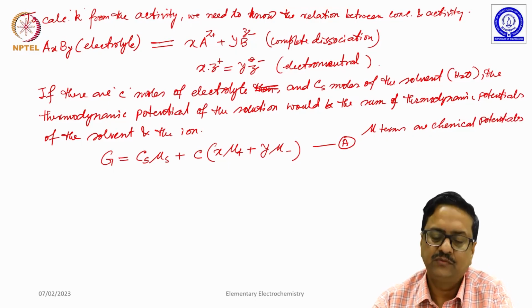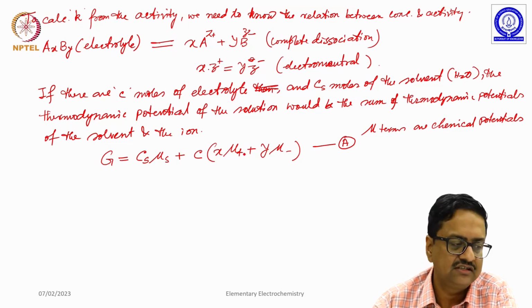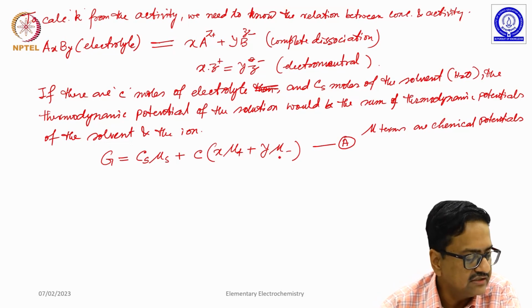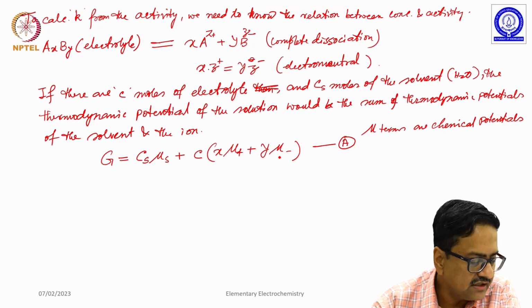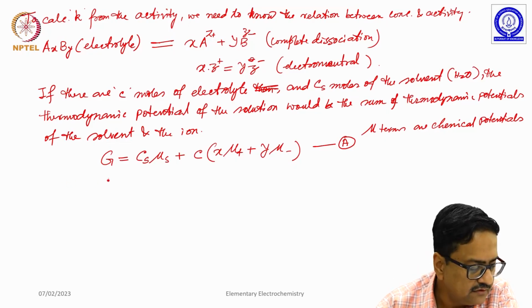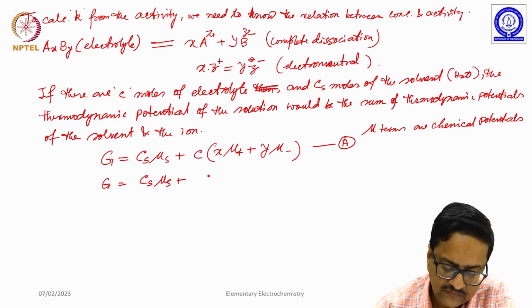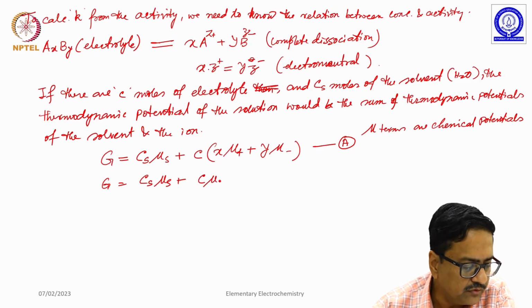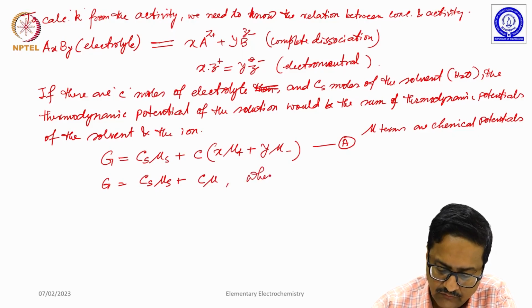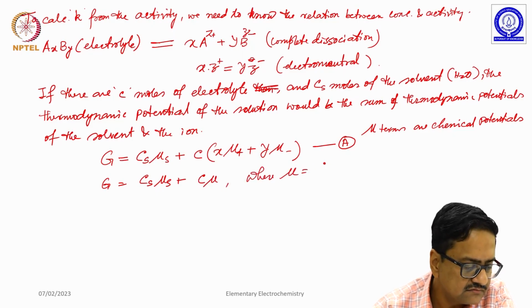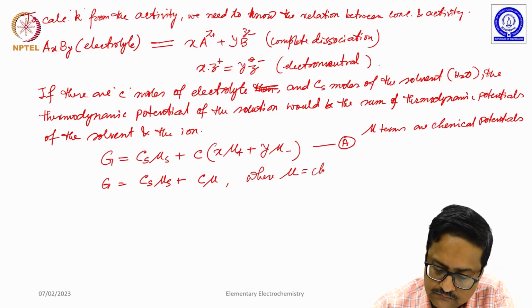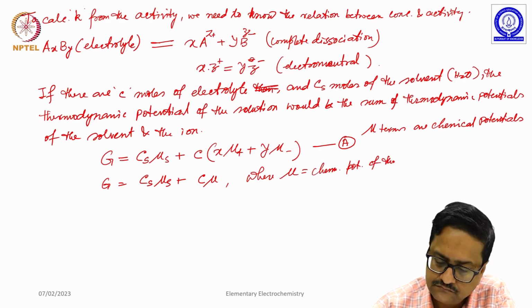So, mu s is the chemical potential of the solvent, mu plus is the chemical potential of the cation, mu minus is the chemical potential of the anion. And simultaneously, we can also write that G equal to Cs mu s plus C mu, where mu is equal to the chemical potential of the electrolytic solution.